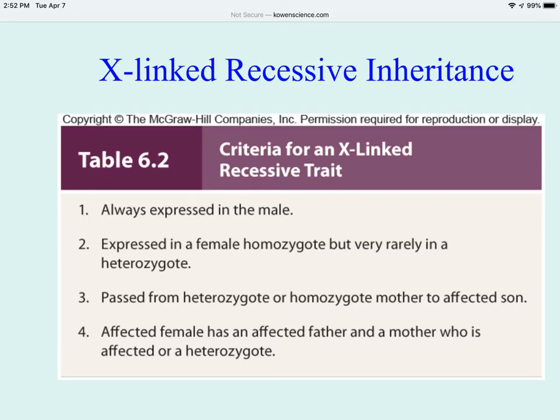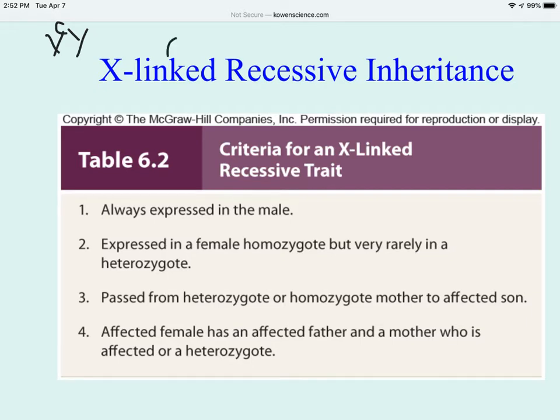X-linked traits are carried on the X chromosome, so that a male, the way we write this down is we would put that trait right there on that X chromosome, and that shows that it's an X-linked trait. Now, because a male is XY, if they get an X chromosome, and they would get it from their mother, that carries that recessive condition, then they're going to exhibit that condition.